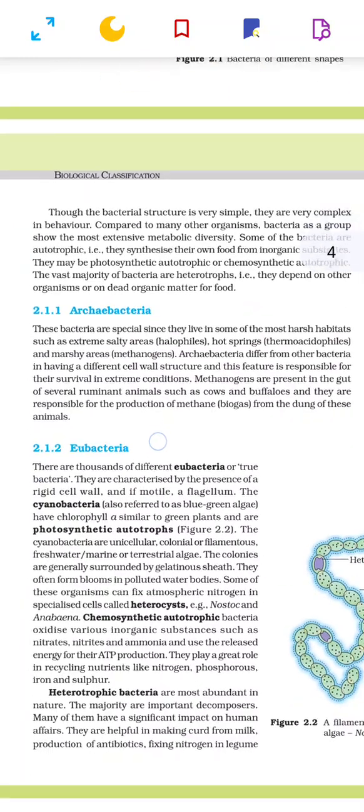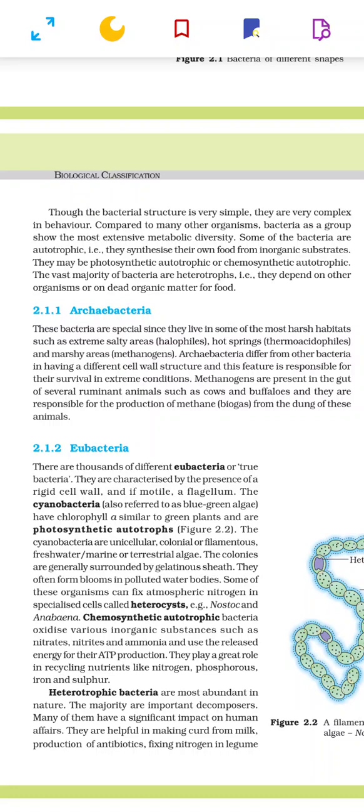2.1.2 Eubacteria. There are thousands of different eubacteria or true bacteria. They are characterized by the presence of a rigid cell wall, and if motile, they have a flagellum. The cyanobacteria, also referred to as blue-green algae, have chlorophyll a similar to green plants and are photosynthetic autotrophs.